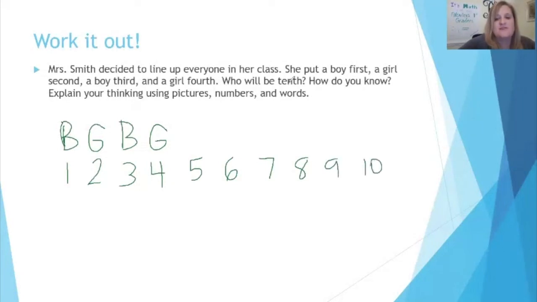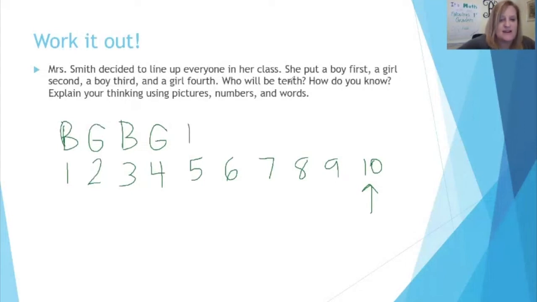So I have to find out if there is a boy or a girl in that 10th spot. Look at it and see if you can count it out and make a guess. If you want to write it out on your paper, that would be great too. I always like to write out my problems.